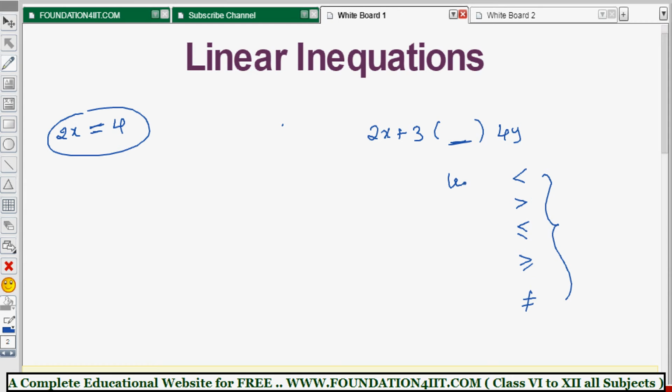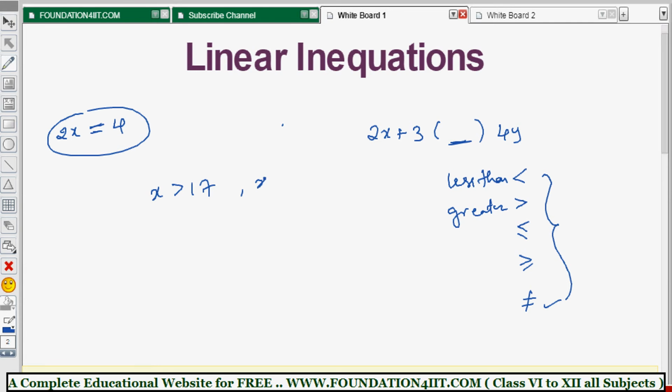So this is less than, and the next one is greater than. And this is less than or equal, and greater than or equal, and this is unequal. These symbols will apply in inequations. For example, x is greater than 17. That means the x value is more than 17, so 18, 19, 20 and so on.